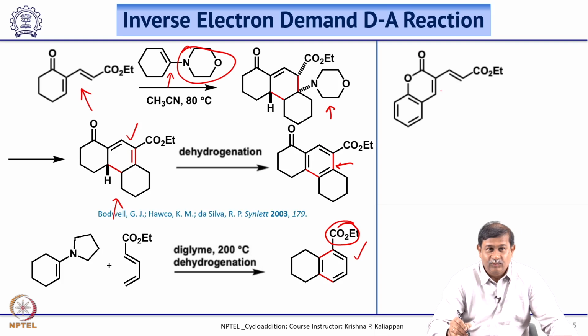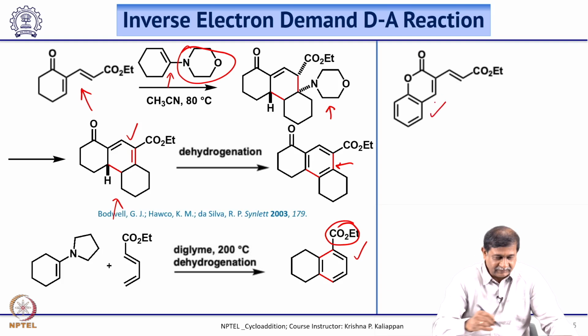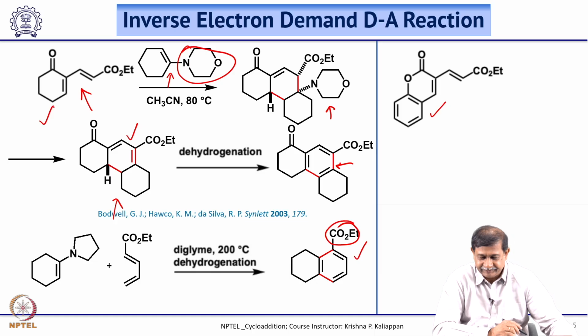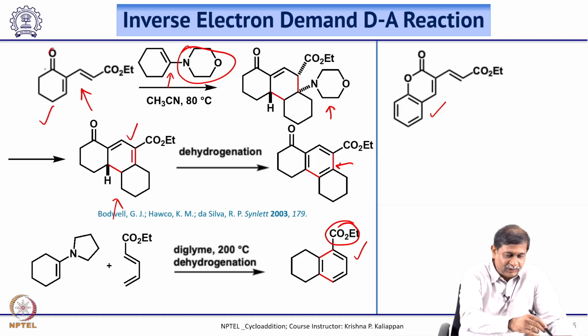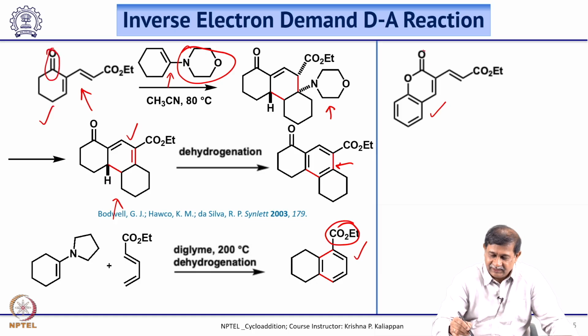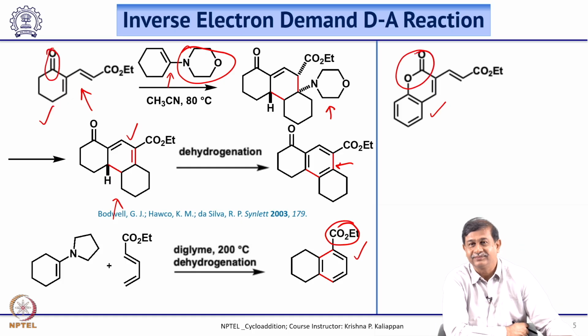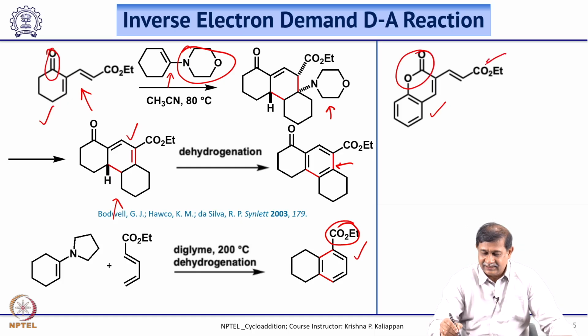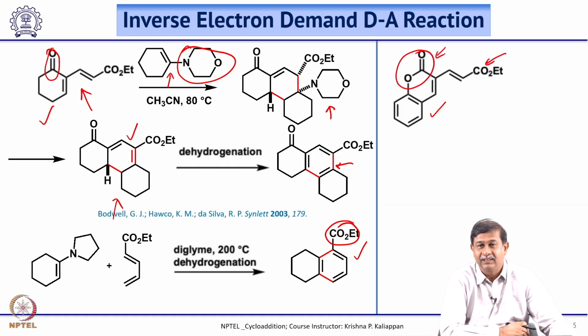And look at this example and compare with this. Okay. So, in this case you have a carbonyl group, here you have a lactone. So, you have one ester and a lactone attached to the diene, to make it a strong diene in the case of inverse electron demand Diels-Alder reaction.